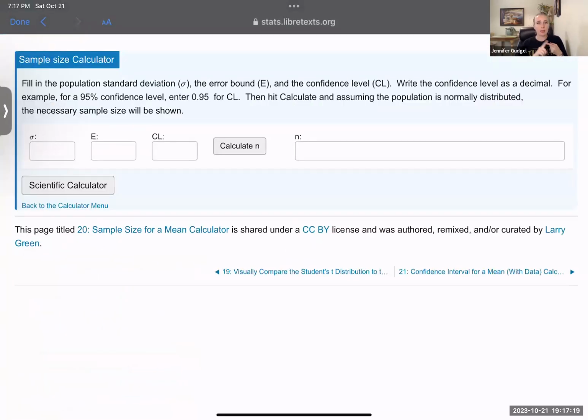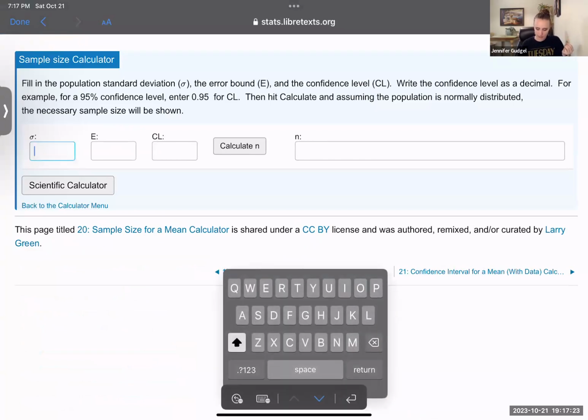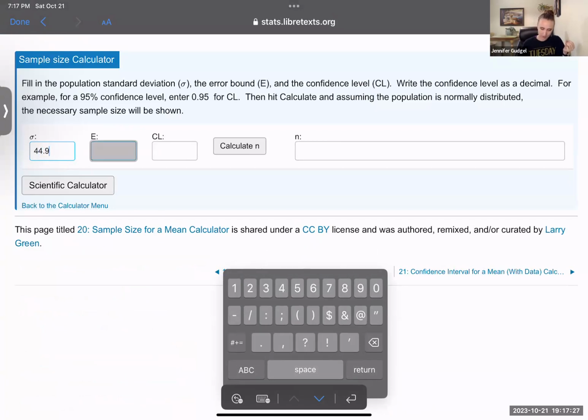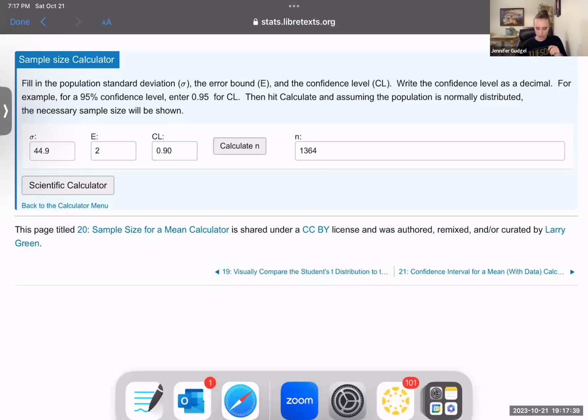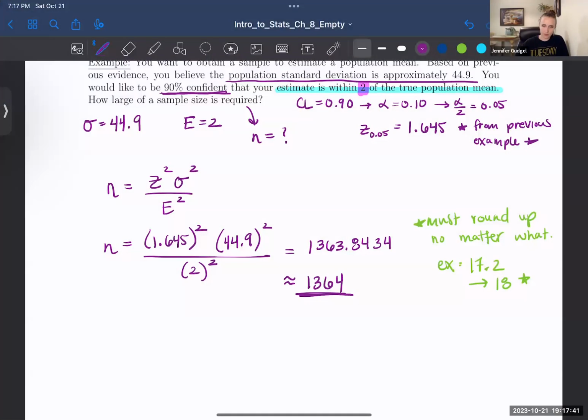We have sigma, E, and the confidence level to input. Sigma was 44.9. E, the error bound, was 2. And we wanted our confidence level to be 0.90. I put all of those in and calculate. I get 1,364.